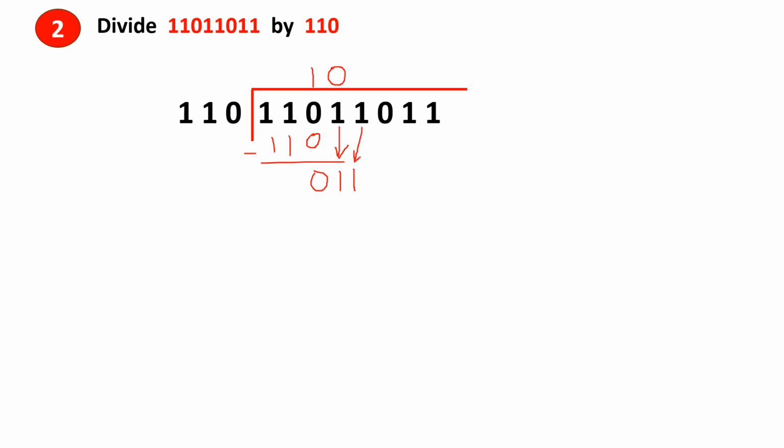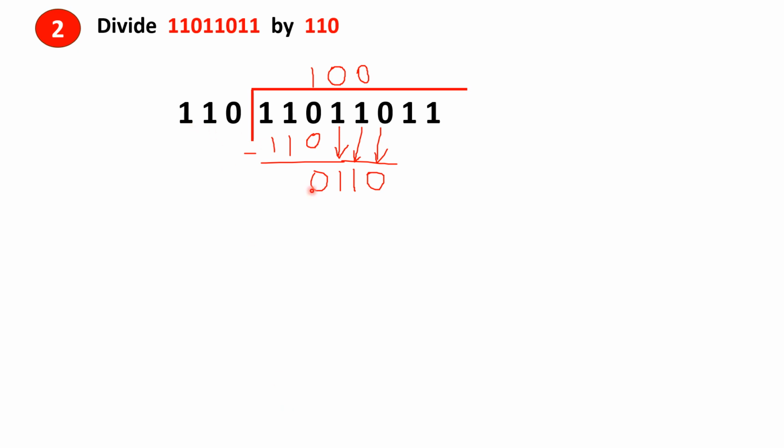Again the divisor is greater than this number, so put a 0. Again bring this 0. Now compare the divisor and this number.